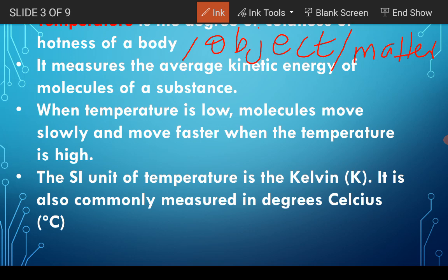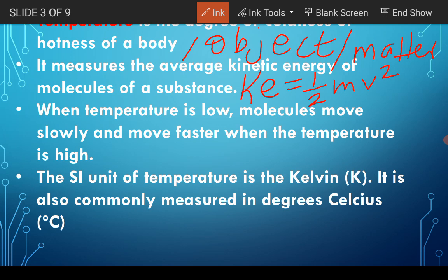So a measure of the average kinetic energy of molecules in such a substance is called the temperature. You learned in Form 3 that kinetic energy is basically given by the formula KE equal to half the mass of the particles multiplied by the square of their speed.